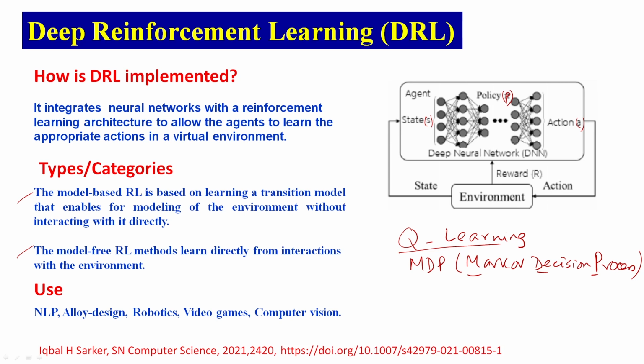I hope I have given you a good understanding of both DTL and DRL in the last 45 minutes or so, and these two are very important advanced deep learning methods. Both can be used widely in materials science and engineering. Not only that, you can use them for alloy design, computer vision, and understanding microstructures.